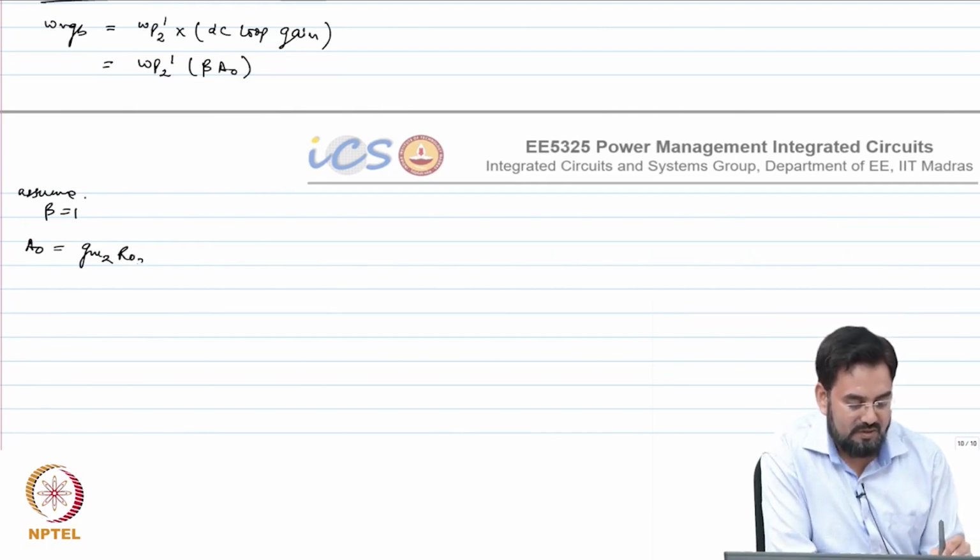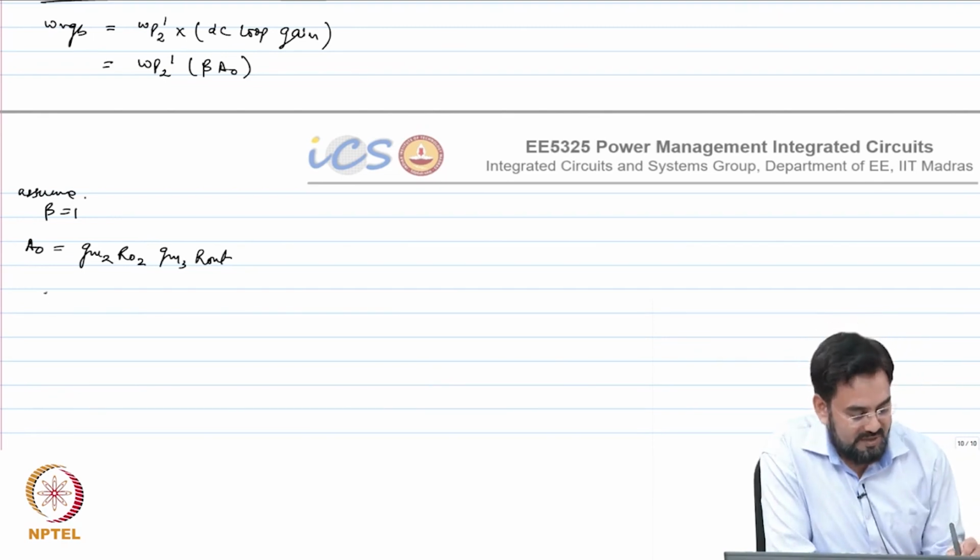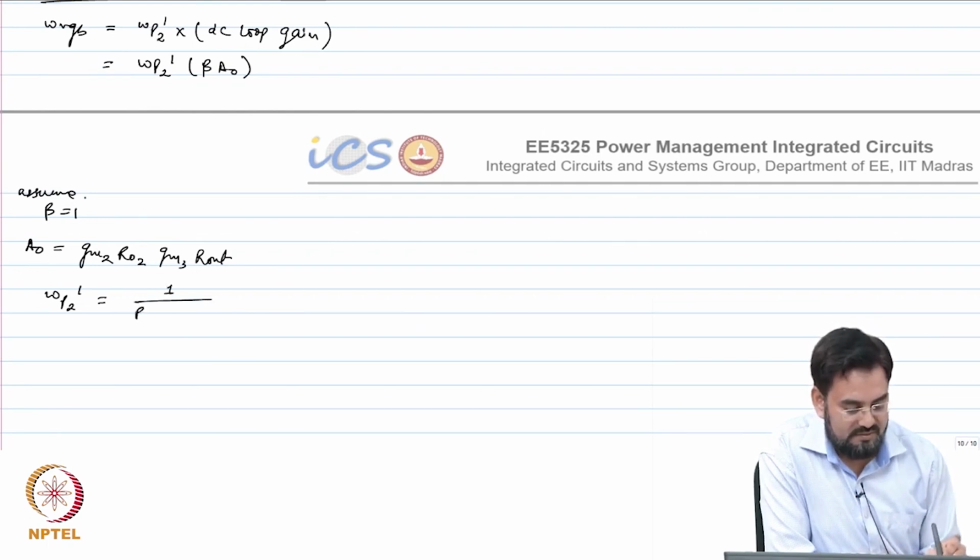GM2 RO2, correct. What is omega P2 dash? 1 over RO2 GM3 R out CC.